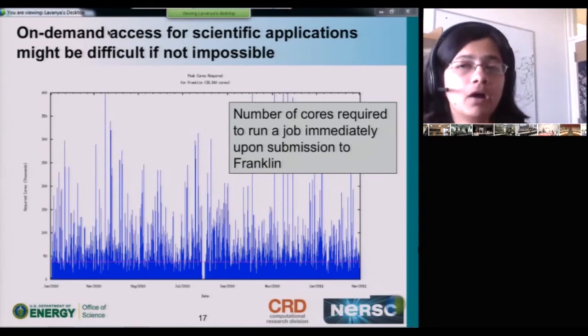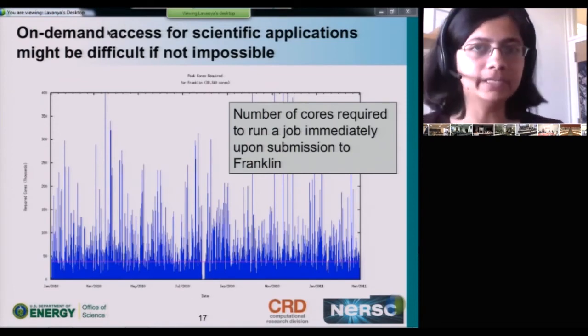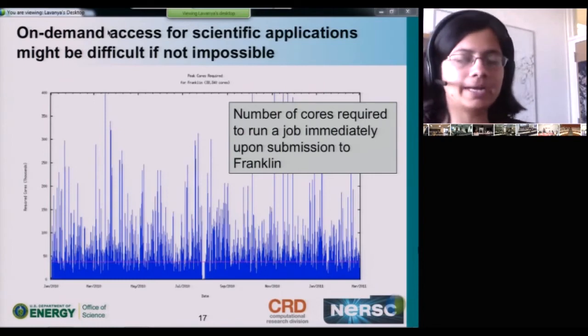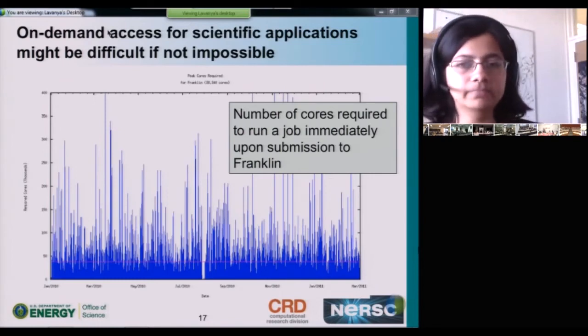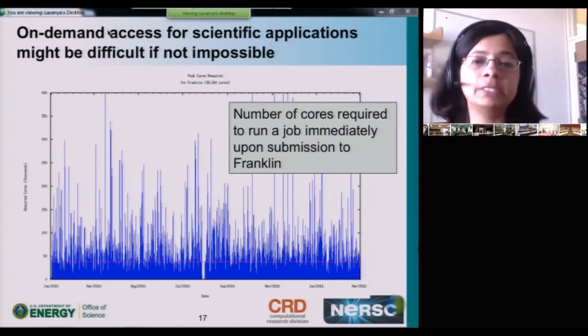So we looked back at our logs from Franklin, which is our supercomputer center. It was our biggest supercomputer at that point. Hopper is right now the biggest supercomputer here. And we basically did a study where we said, okay, if we were to meet every job request as they arrived, what would the capacity of our system need to be, right?